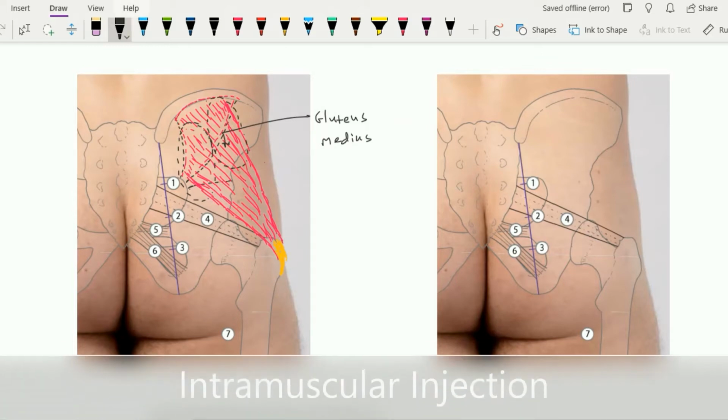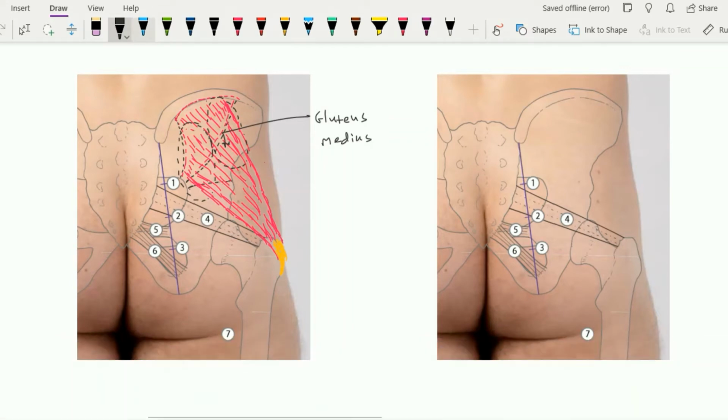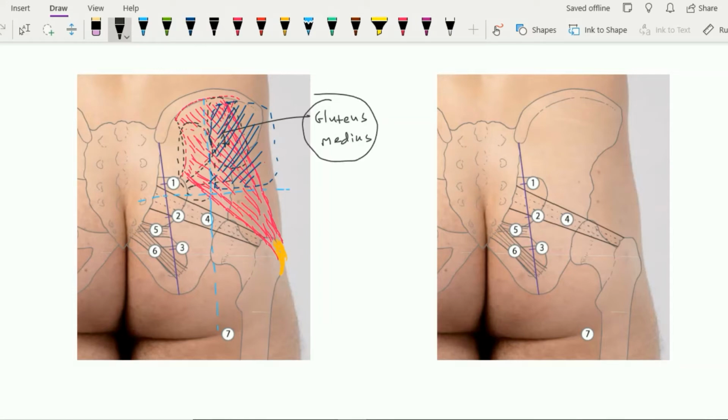As for the site for intramuscular injection, when we divide the gluteal region into 4 parts by one vertical and one horizontal line, the upper and the outer area of the gluteal region is the preferable, safe site for the intramuscular injection, because an intramuscular injection in this area will not lead to any injury to the nerve. So the gluteus medius muscle is the muscle which receives the intramuscular injections underneath the gluteal aponeurosis.